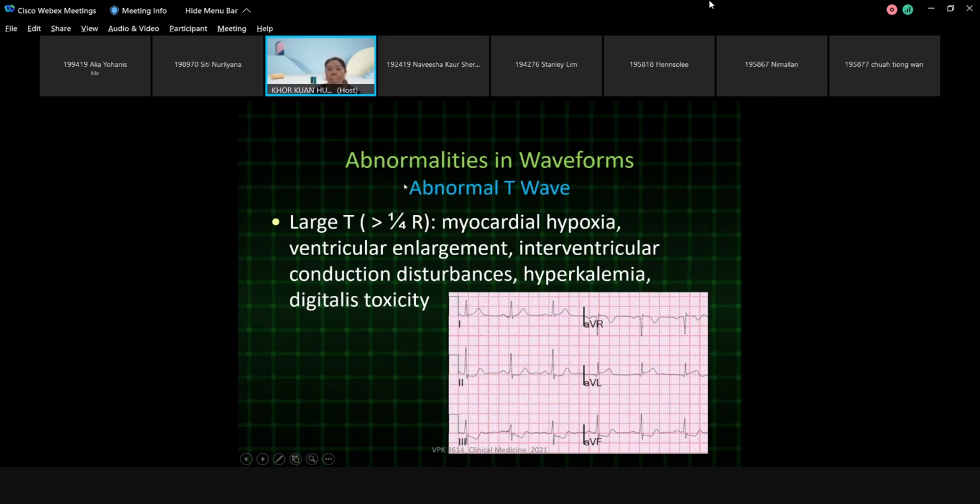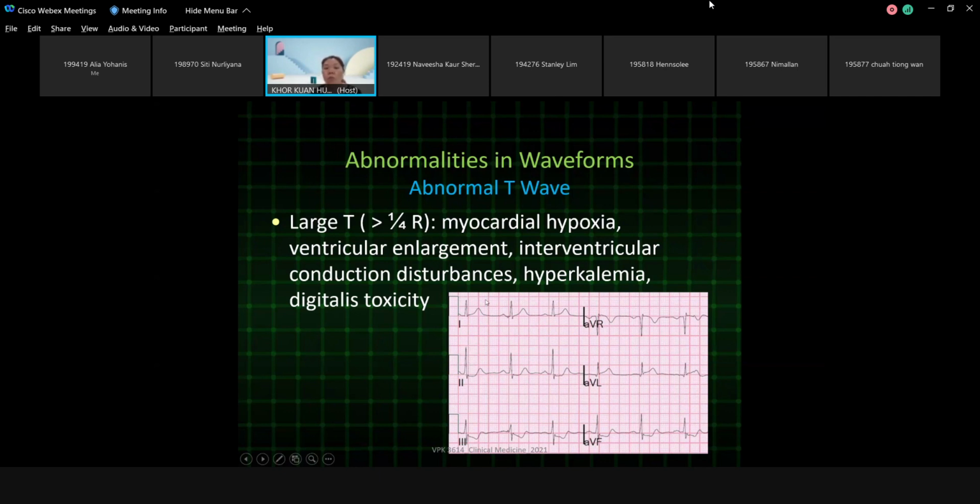Okay, let's look at T waves. So where is our P? This is T, right? P, Q, R, S, T. This T looks taller than the P. So you have this large T wave that takes up more than a quarter of the height of the R wave.